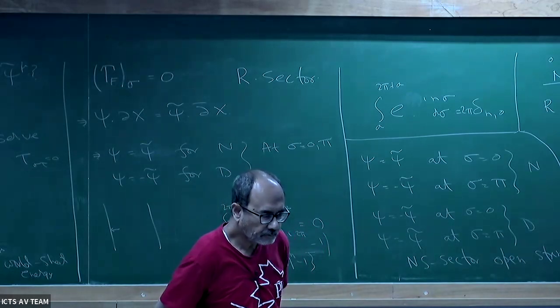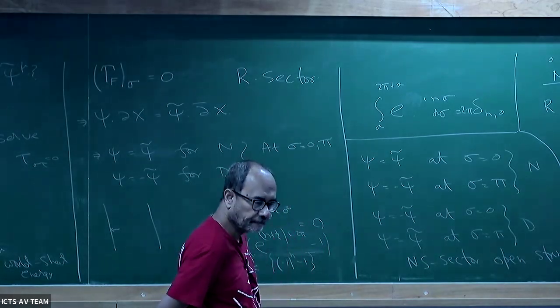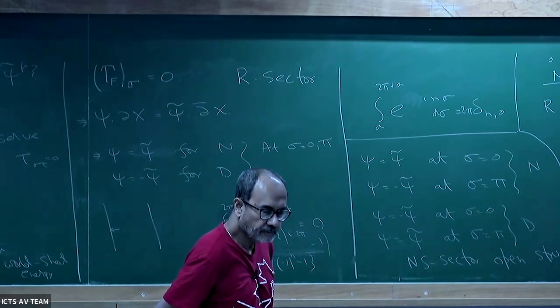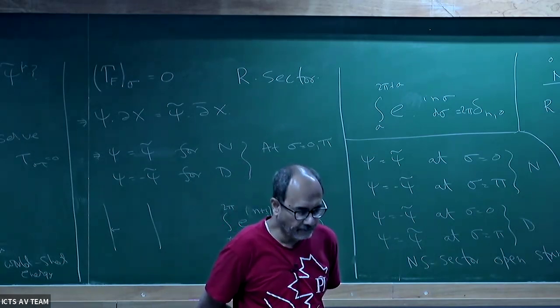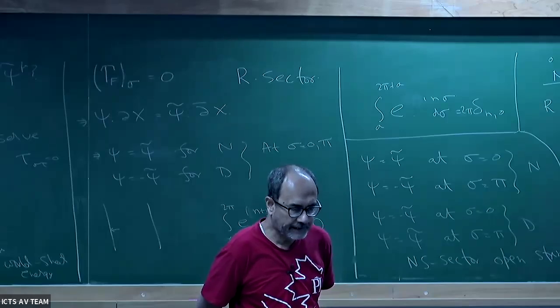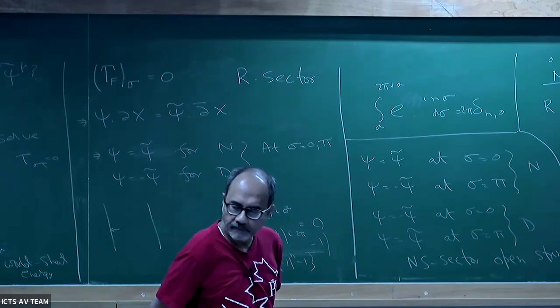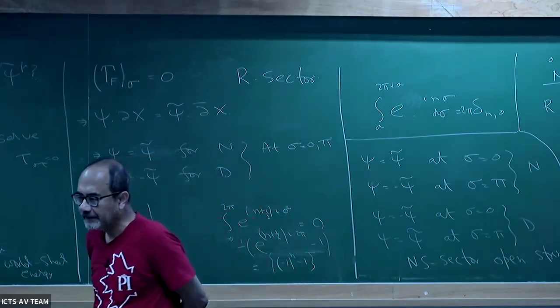So when we write the spectrum for this ND and NN boundary condition, the R sector of NN will be the NS sector of ND, because it will be the same twisting. X will change. Yeah, exactly.